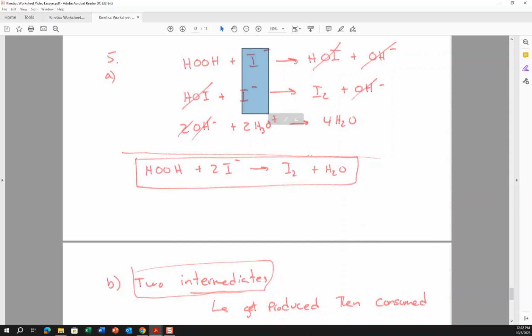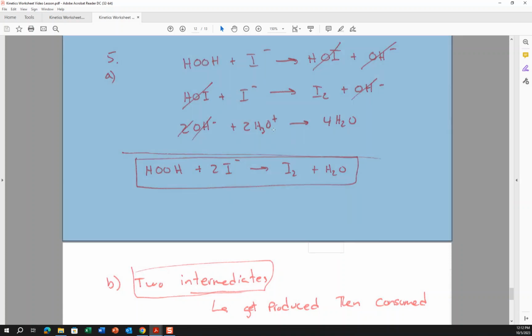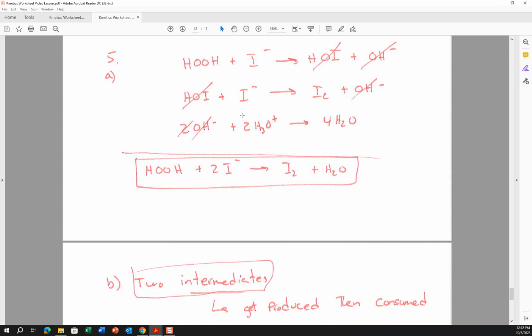Whoops, I'm missing one. I should have two H3O pluses on this side of the equation as well. Sorry, I didn't write those down. And then that yields one I2 and four H2Os here.